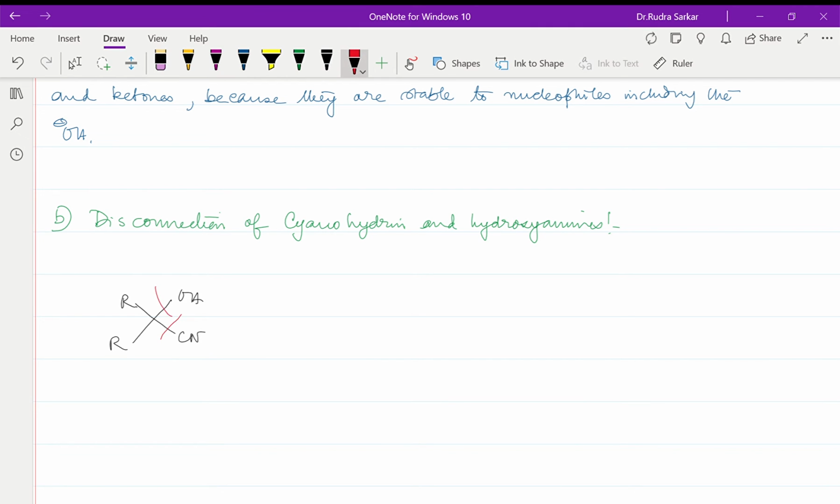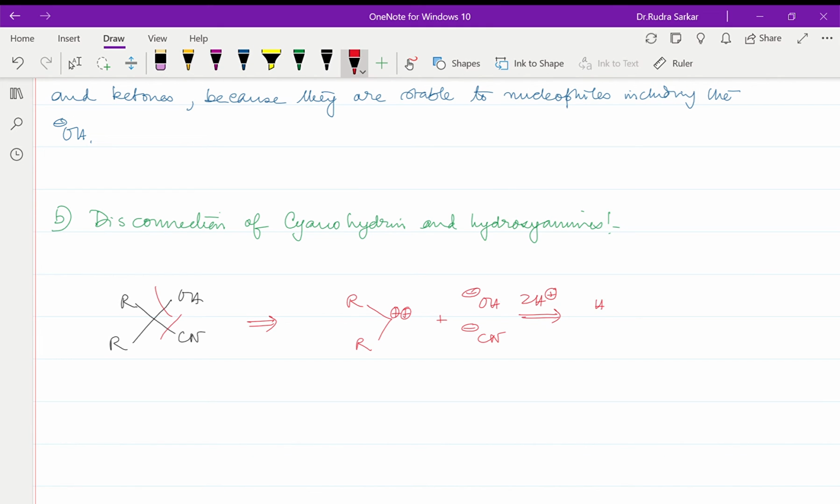So basically if you disconnect out here, we get R, R, C plus plus along with the OH minus and CN minus. Using the previous logic, to counterbalance the negative charge, we'll add a proton.